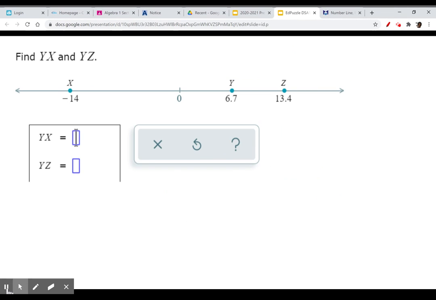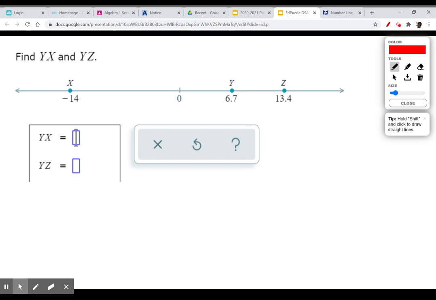Okay, now it's your turn. Find the distance of YX and YZ. And just to emphasize the locations that we're looking at, for YX, you need to take into account that you will be crossing over 0 on your distance. And for YZ, I believe you will also be crossing over 0.